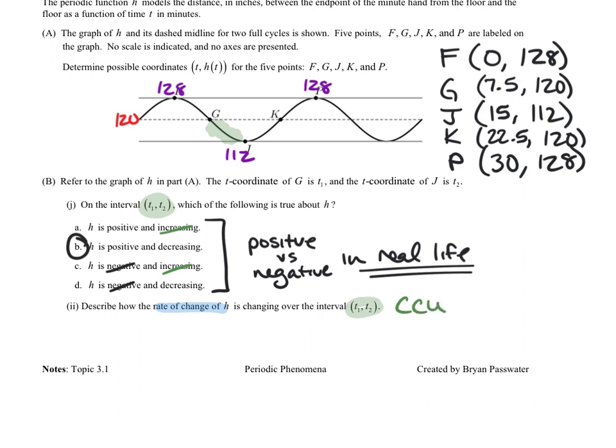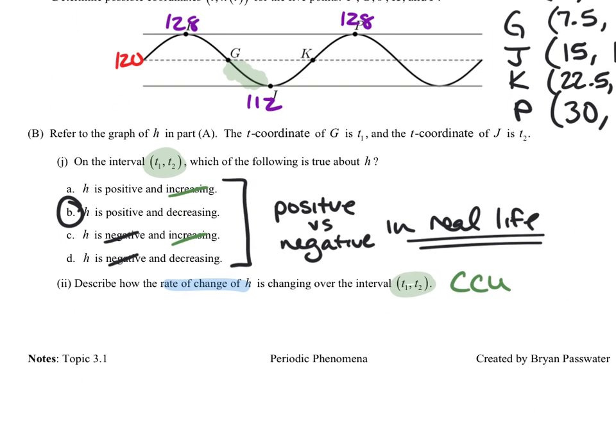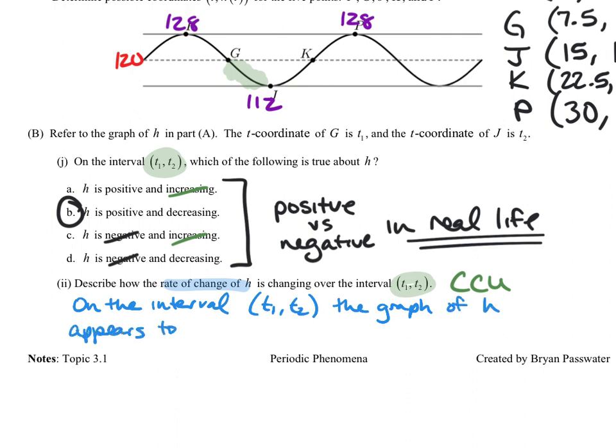That means, and the sentence we're going to try to start writing, giving it some details: on the interval from T1 to T2, the graph of H appears to be concave up. So the rate of change is increasing.